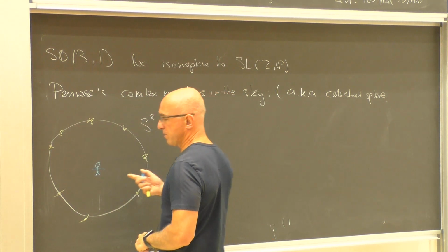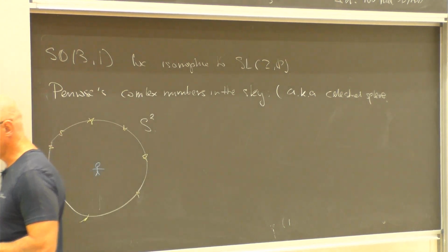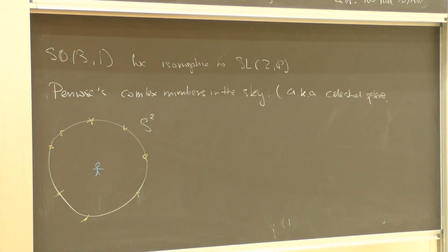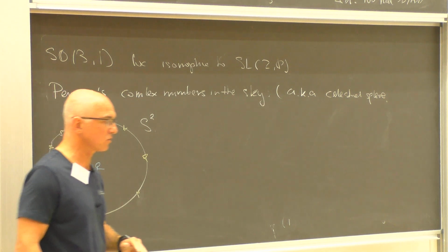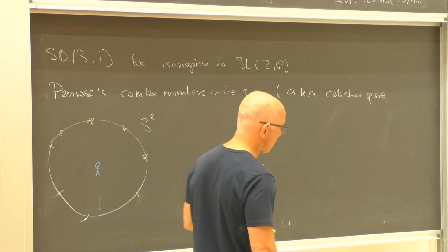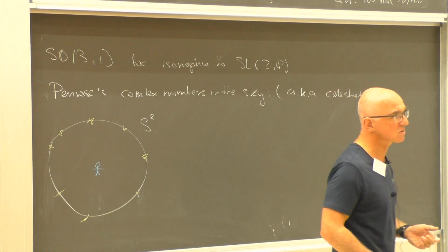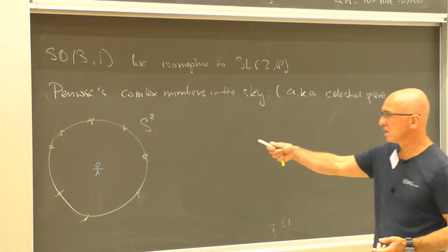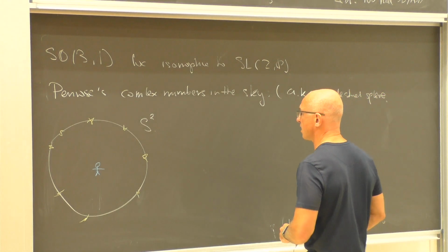So what they really see is an intersection of their past light cone with some Cauchy surface, some surface t equals constant, right? So these stars really existed in the past of this observer, but the light reaches them after some time.